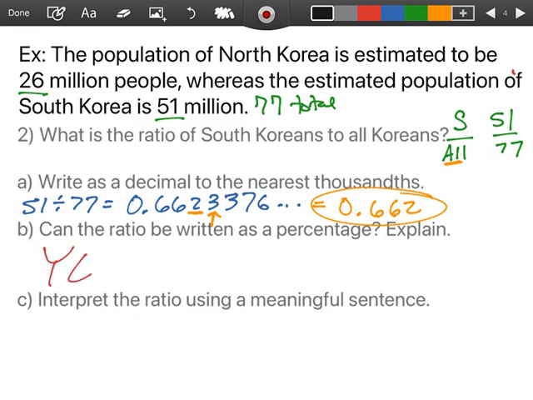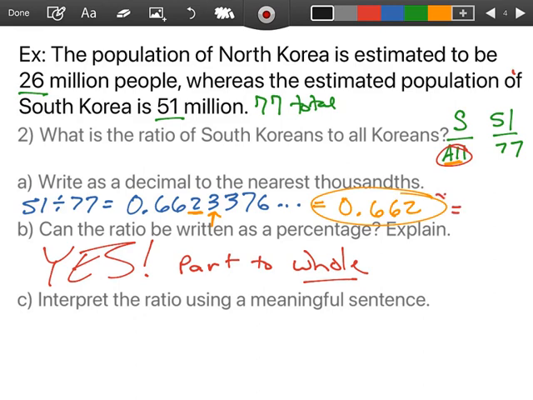Hopefully you already know that the answer is yes, because this is part to whole. Whole means all. All means 100%. So now I can do that. For my meaningful sentence, let's change 0.662 to a percent. We multiply that by 100. So that gives me 66.2%.